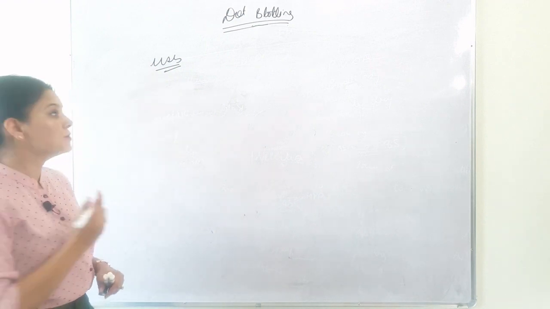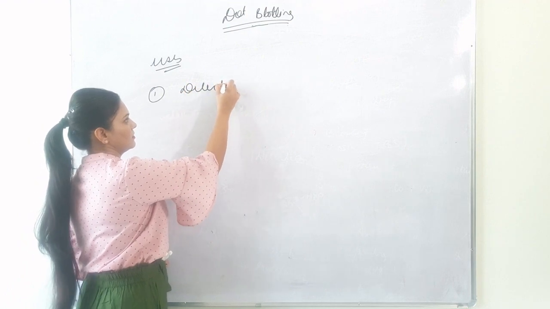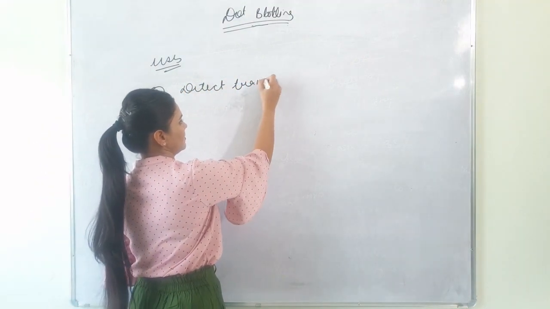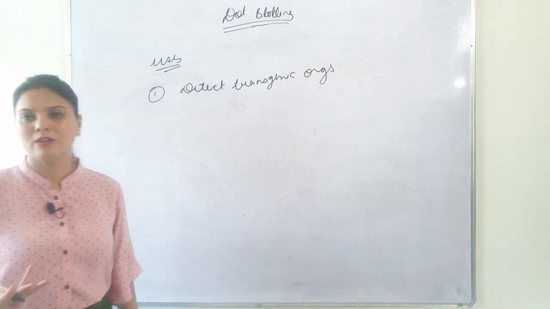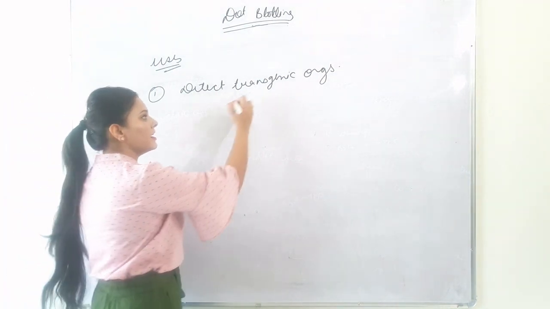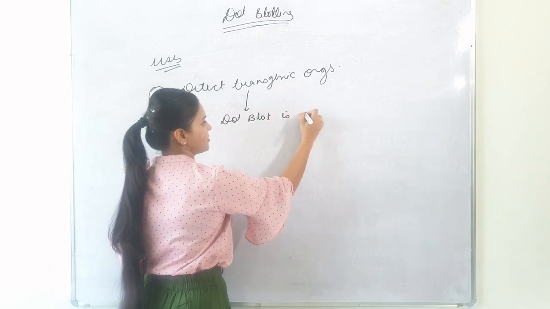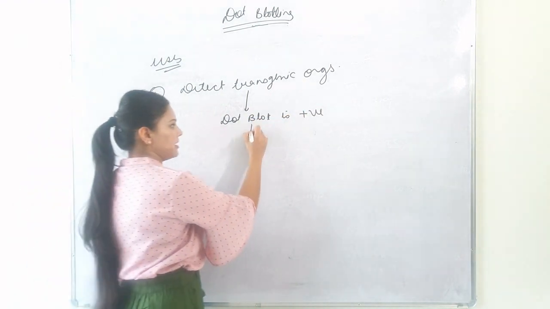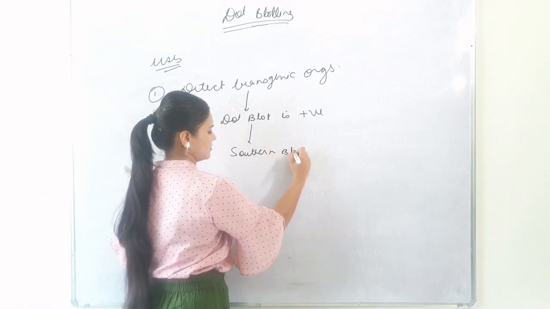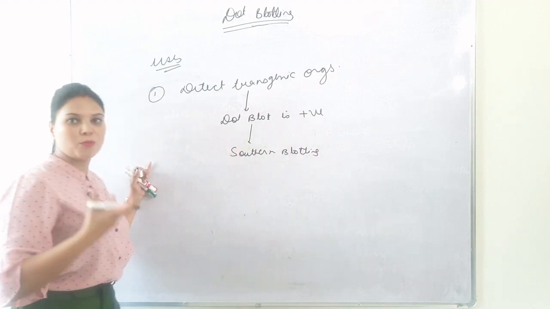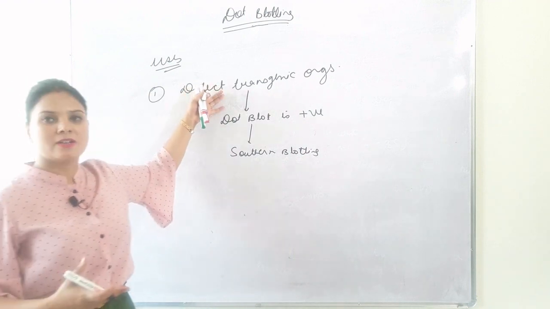Dot blotting is used to detect a transgenic organism where the foreign DNA sequence is present, and if the dot blot test is positive, then we can apply southern blotting to get more precise information about how much DNA is inserted into the transgenic organism.